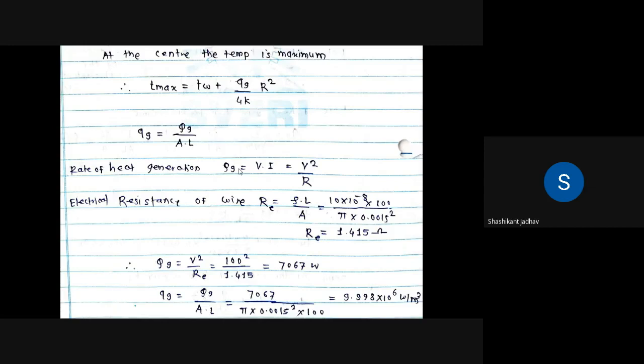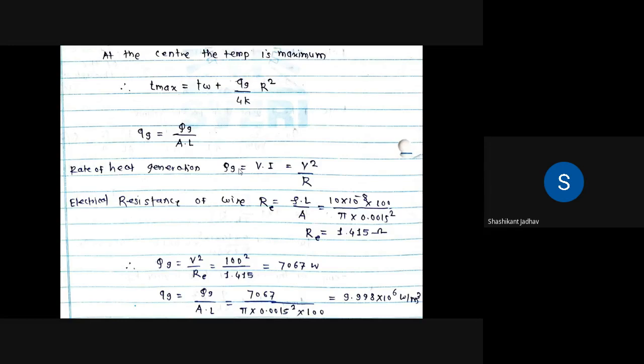7067 watt. And after that we have to calculate the value of small Qg. So small Qg is nothing but capital Qg divided by A into L. Capital Qg is known to us, that is 7067, area is pi r square. So pi into 0.0015 square into length.